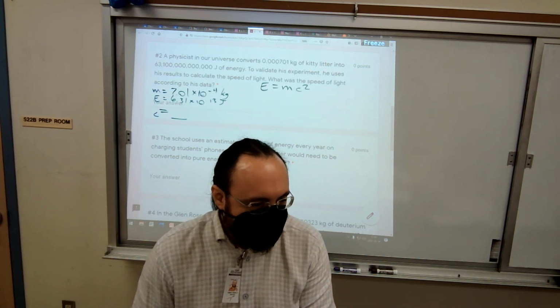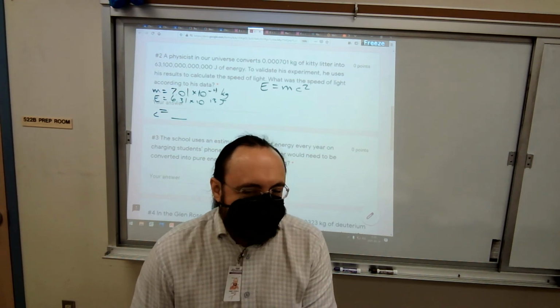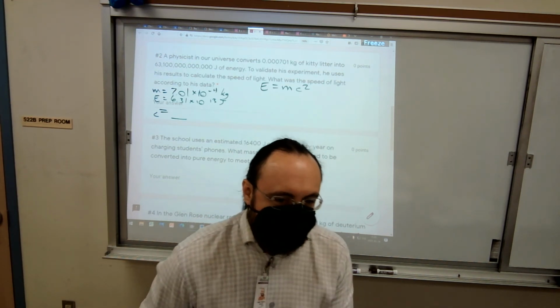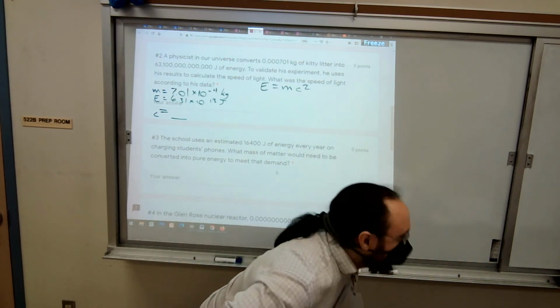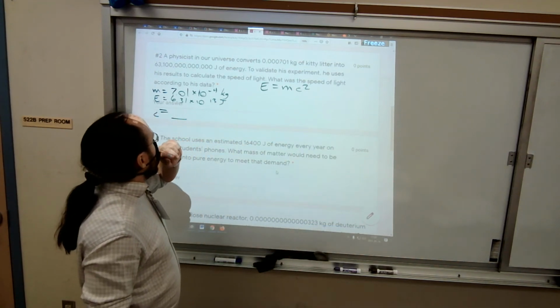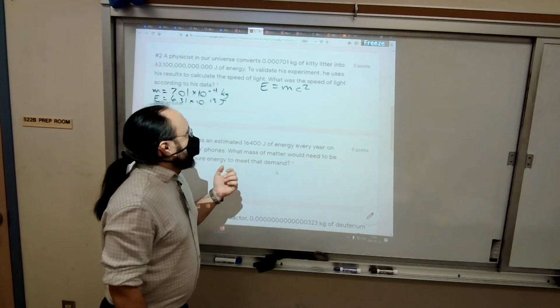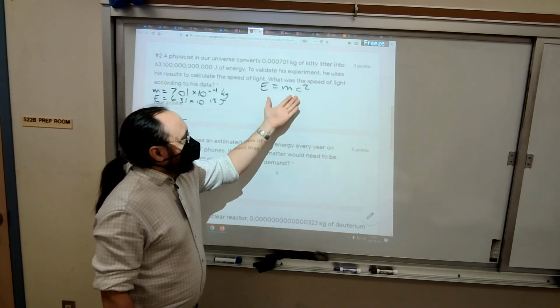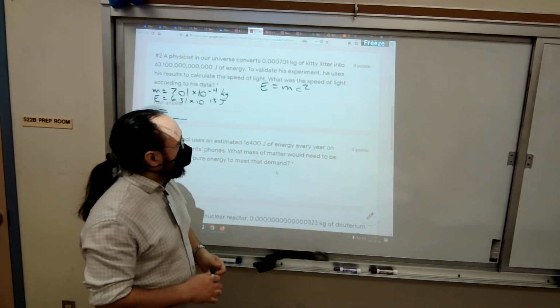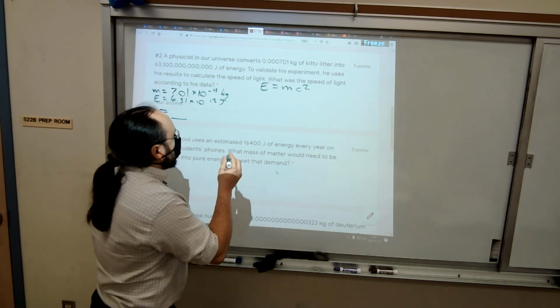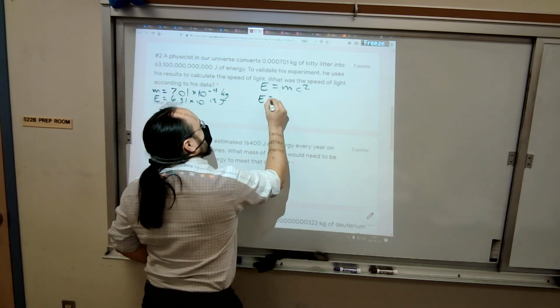So it's not kinetic energy. It doesn't need the 1/2. It's called rest energy, and there's some complicated math that gets rid of that 1/2. But that's why it looks like that. Anyway, we can figure it out.